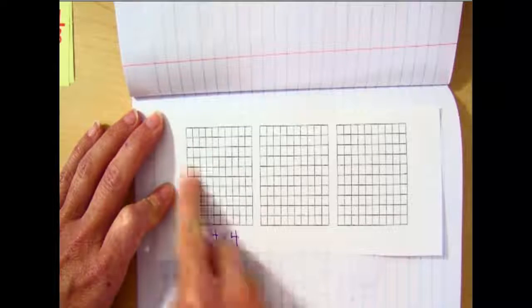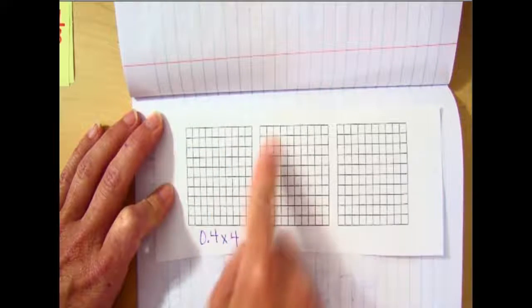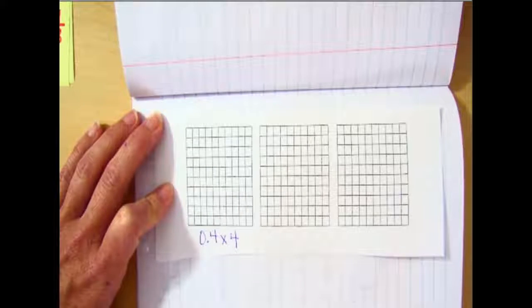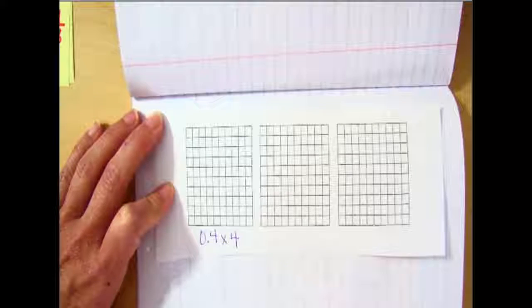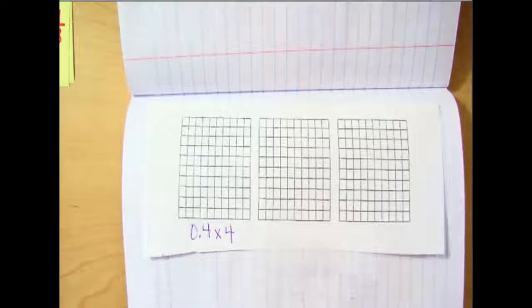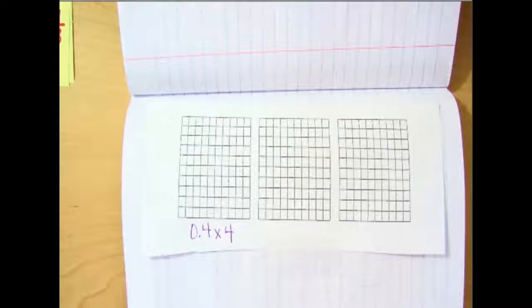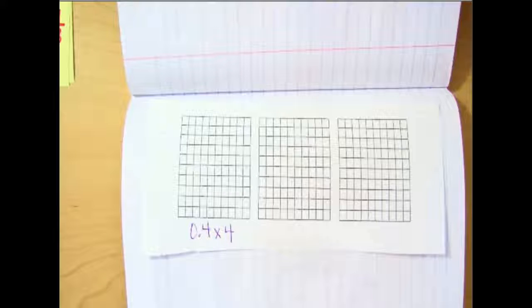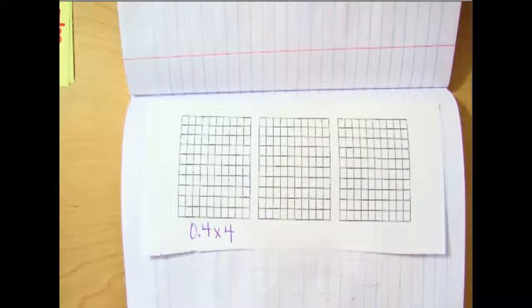So each of these has 100 squares. If I want to model 4/10 on this 100 square, how many columns am I going to shade in? No, 10 would be 1 whole. 4.